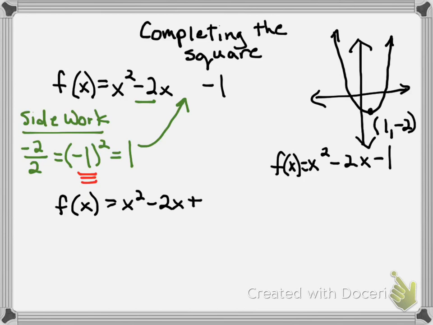And let me erase this actually and put the green in there to make it easier to see. This plus 1, we have our -1 at the end. And what is necessary, probably the most awkward part of completing the square, is that these functions have to remain equivalent as we do the rearranging.